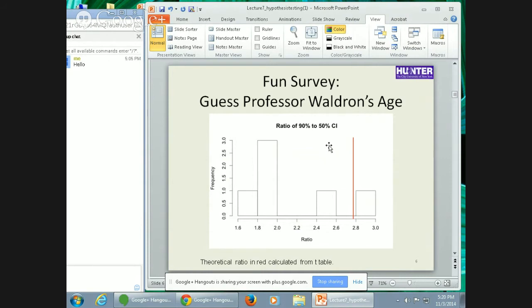So if you were looking at a normal distribution, the 50% confidence interval would be 50% of the area under the curve to the right and left of the center, 95% would contain 90% of the area.